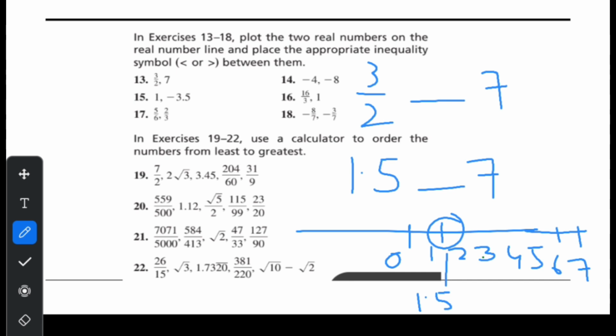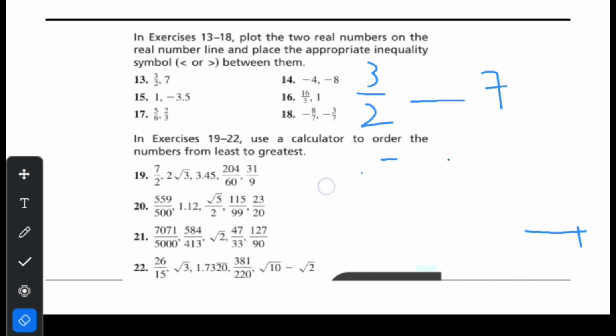So we can say that the number which is away from 0 on the positive axis has greater value as compared to the number which is near 0. So 7 is greater, that's why we'll put the inequality with the mouth open towards 7 and the back of the sign towards the smaller number. Let's solve one more question for practice.